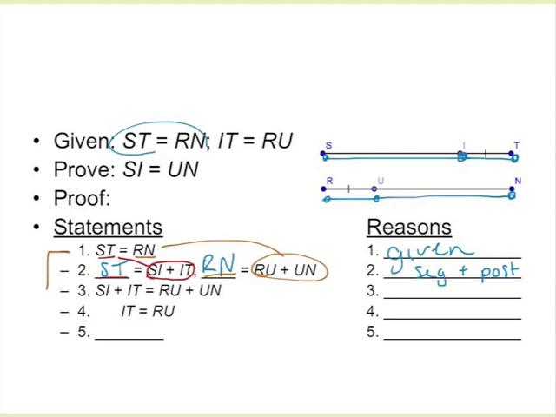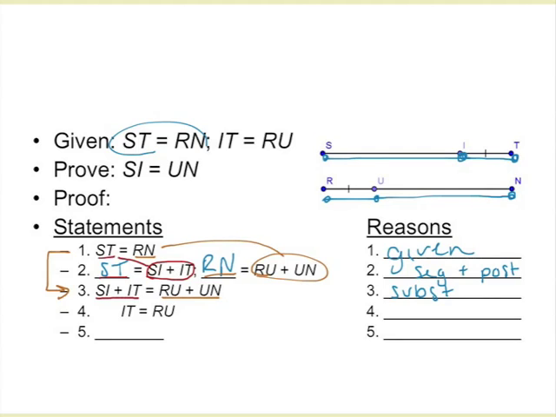So step 3 is step 1 written all over again, except ST became its longer name and RN became its longer name. So when we're renaming, whether it's for shorter names or longer names, anytime we're plugging pieces in for another one, that's our substitution property.